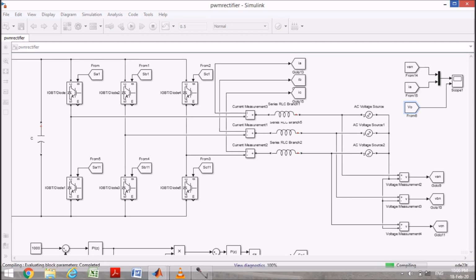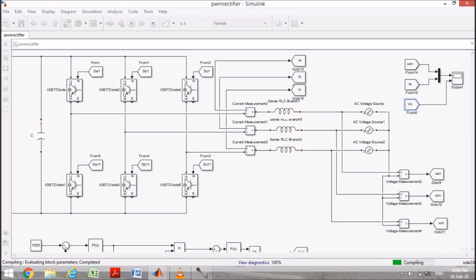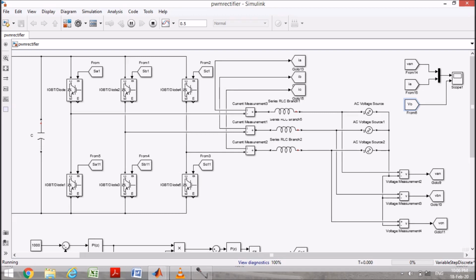It is running. Okay, it's finished. Now let us see the scope.